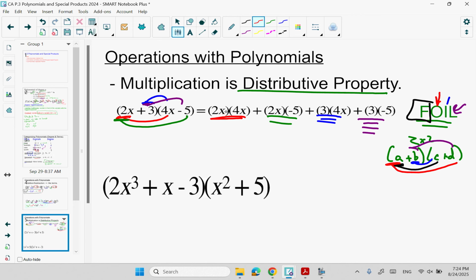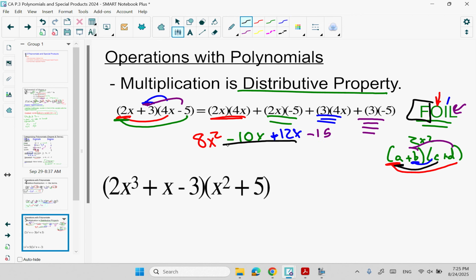Well, 2x times 4x would give me 2 times 4, so 8, x times x, so 8x squared. 2x times negative 5 would be negative 10x. 3 times 4x would be 12x. And 3 times negative 5 is negative 15.